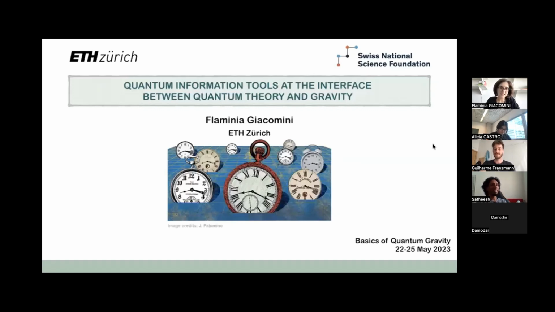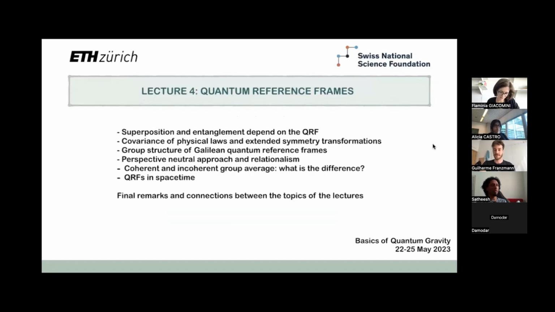So this lecture is on quantum reference frames. After we have looked at the theory-independent approach, the process matrix framework, then we looked at the gravitational physics of quantum objects, quantum clocks. Now we get to the last topic.